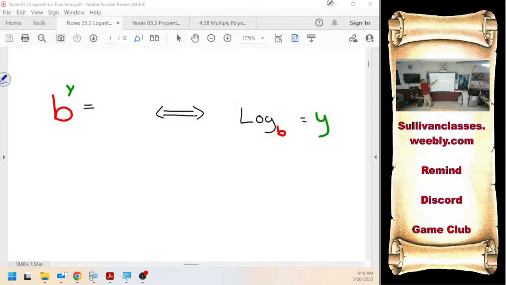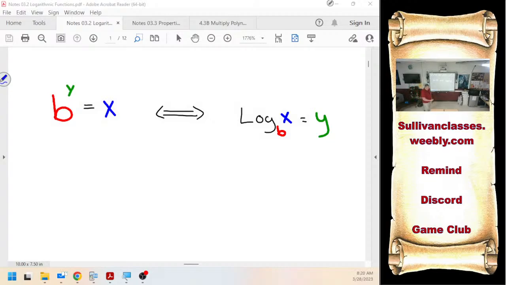The power, remember a power is the total value of an exponent. So like 3 to the second is 9. So 9 is the second power of 3. So the power itself is the object of the log. Okay, that is the formal definition of logs.